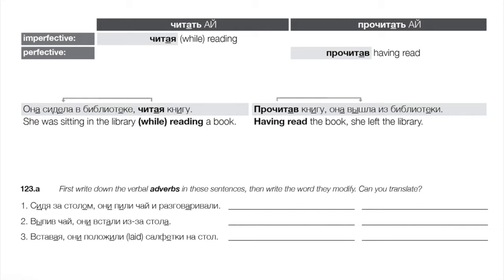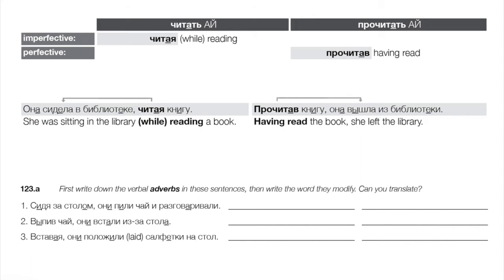So adverbs, these verbal adverbs are going to be modifying verbs. Now, students are often tempted to say, chitaya modifies ana, right? Because it's telling what she's doing. Well, that's true in a certain sense, but strictly in terms of the grammar, that is not true, period, right? Chitaya is modifying the verb sidiela. It's telling us more about the sitting activity.